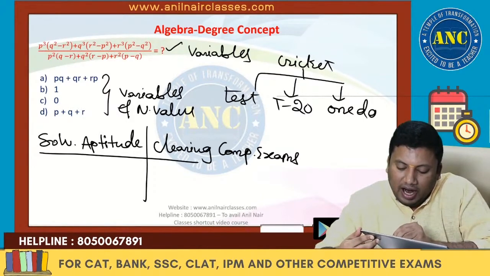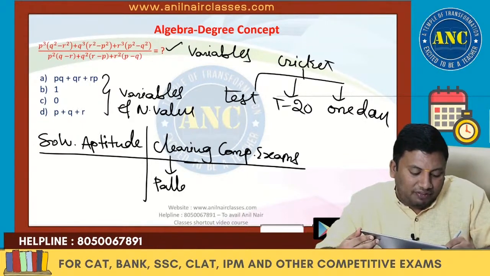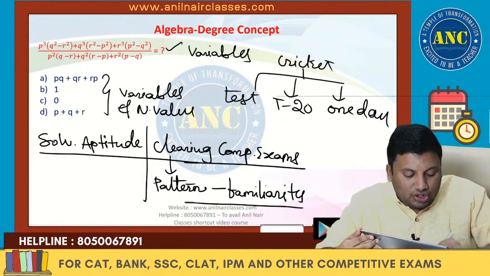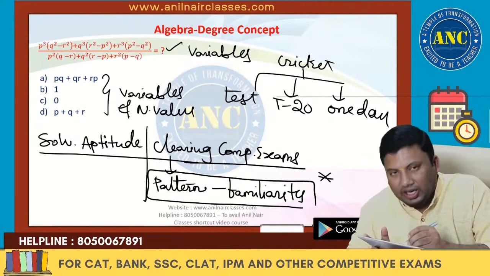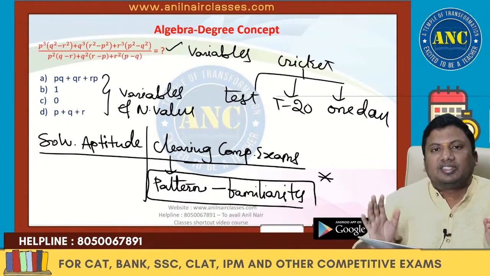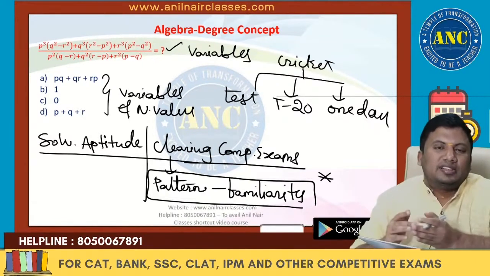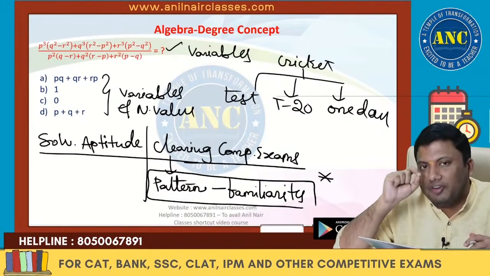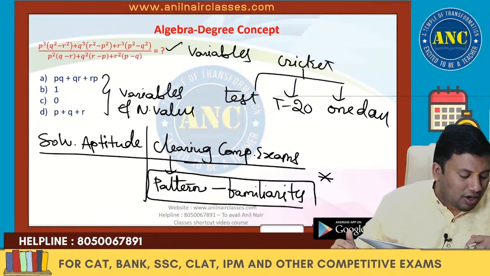In clearing competitive examinations, you should have familiarity with all the exam patterns, which questions are coming, which varieties are coming. The questions that come in Cognizant are different from TCS CodeVita. The questions in Google aptitude are different from PayPal aptitude. If you do not know which questions are the favorite questions for placements, I'm sorry to say you are moving in the wrong direction.